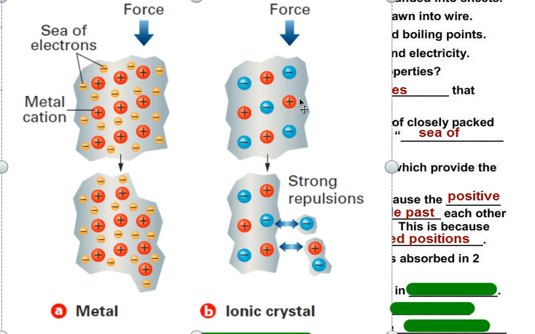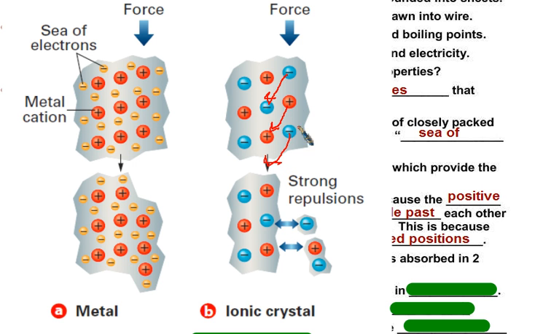Whereas with an ionic compound over here, we have positive ions and negative ions, and they are very rigidly and very strictly lined up. So if we apply a force, we're going to push this negative ion close to that negative ion, and this positive close to that positive, and that negative close to the negative down here.